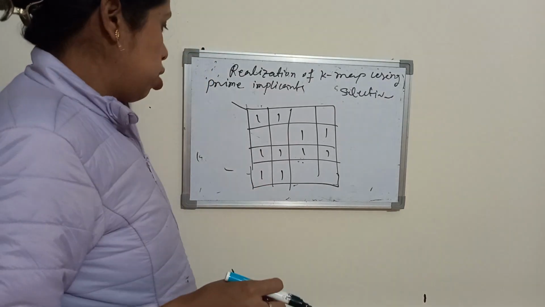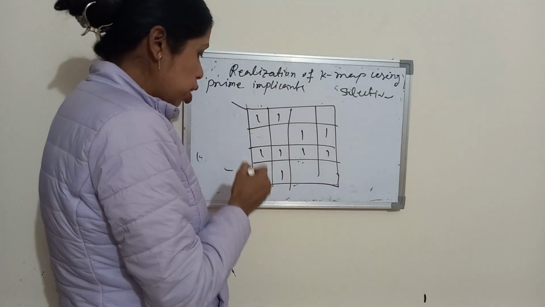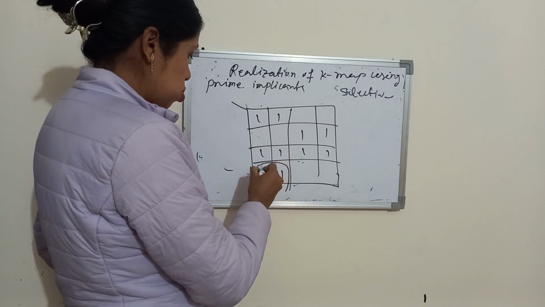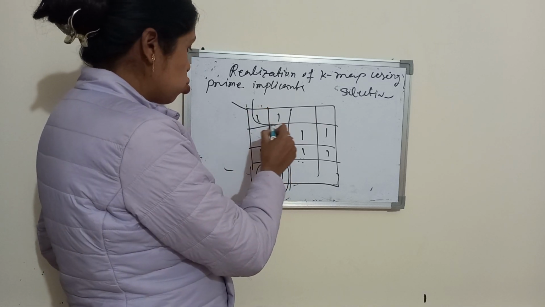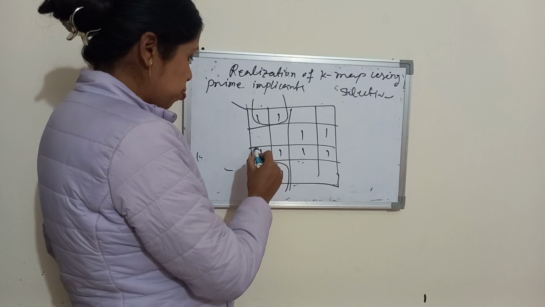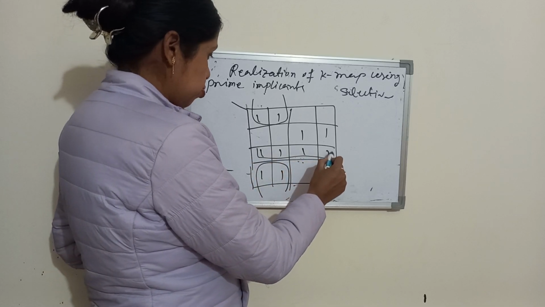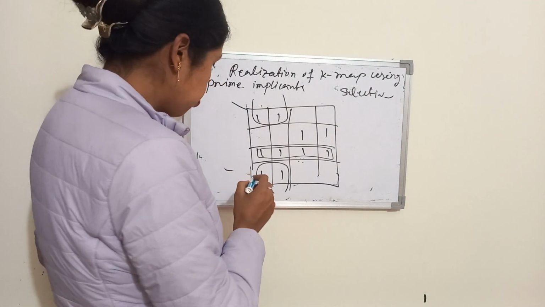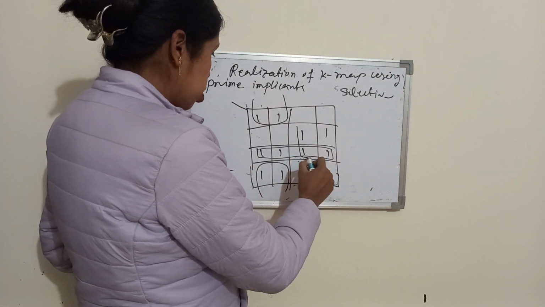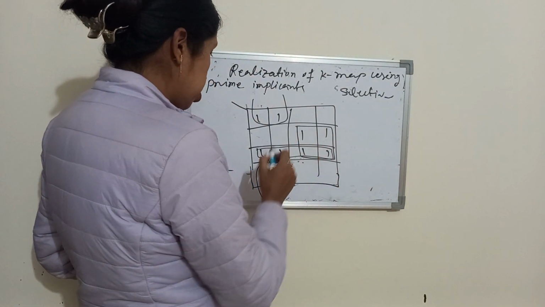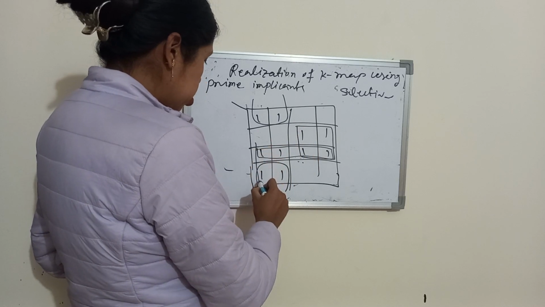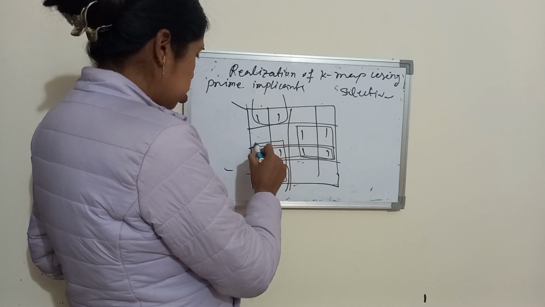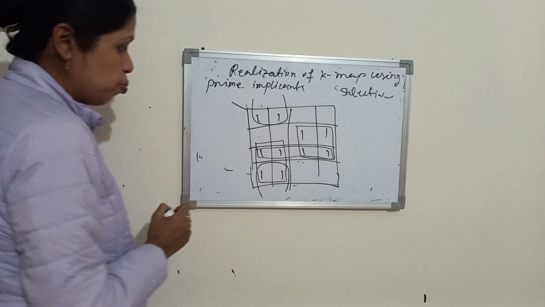Now I am doing the grouping. These two ones can create a pair. These two ones also can create a pair. These four ones also can create a group, a quad, and these also can create a quad.